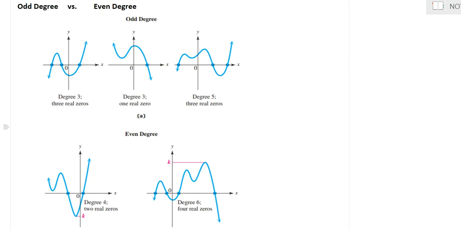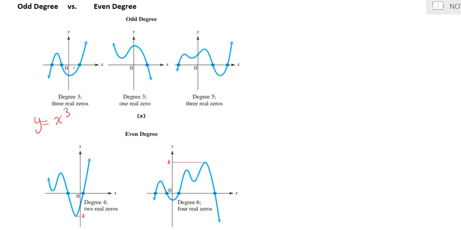Whereas with an even degree, notice that they're going in the same direction. So this is pointing up, and then this is pointing up. Or it could point down, but if it's an even degree, it's also pointing down. This first graph right here is an example of a graph that has a degree of 3, meaning the exponent would be 3.